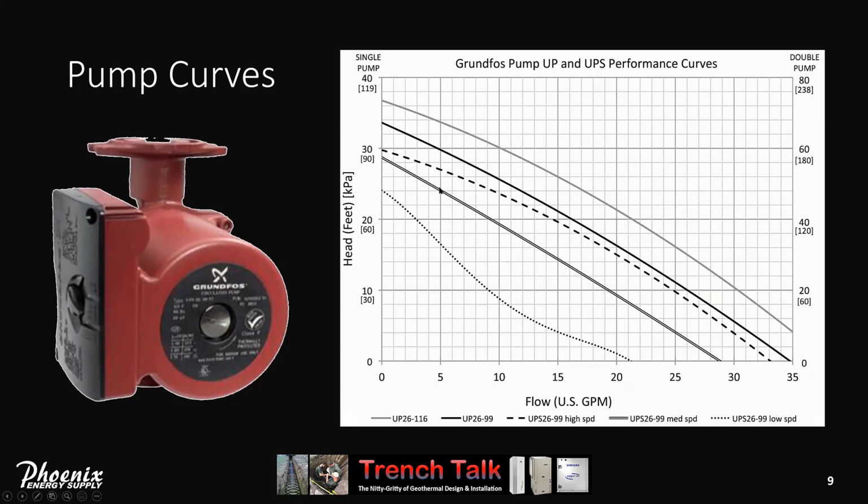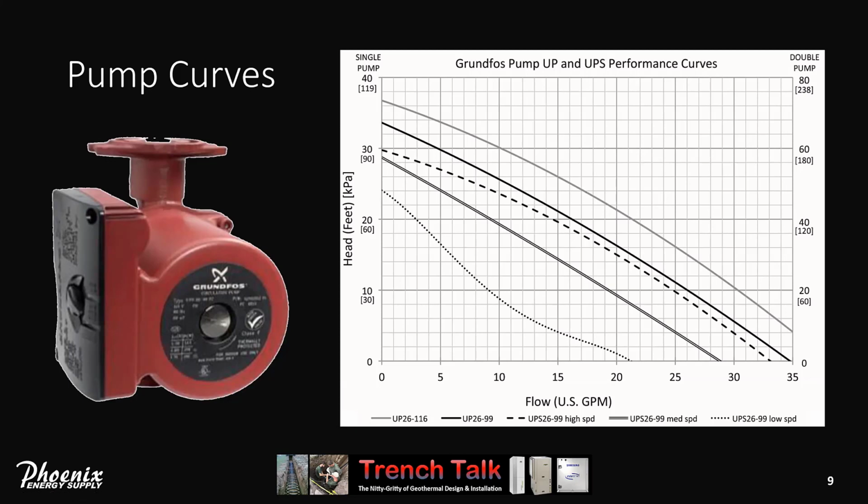Now, it used to be we had a single-speed pump, and this solid line represents the older 2699. So indeed, when they went to 3 speeds, they lost a little bit of head capacity, even though the pump's on high speed.